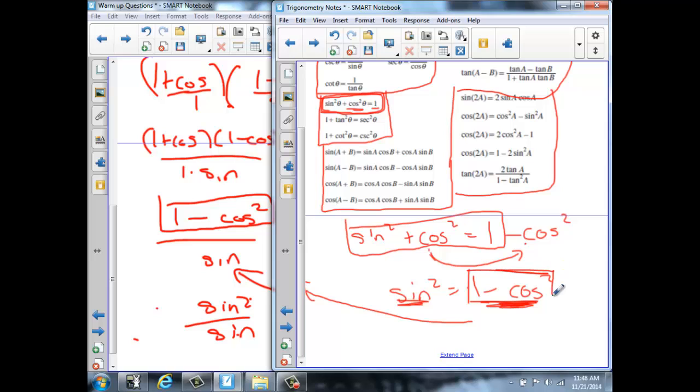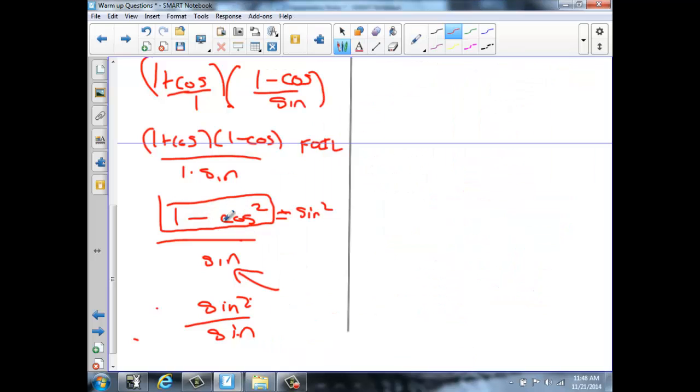So we have this right here, but rather than calling it this, I could call it this by substitution. So I substituted this in for this. Rather than calling it this guy right here, I called it sine squared. So it's not on the other side of the equation, it's just right there and then it's over sine.